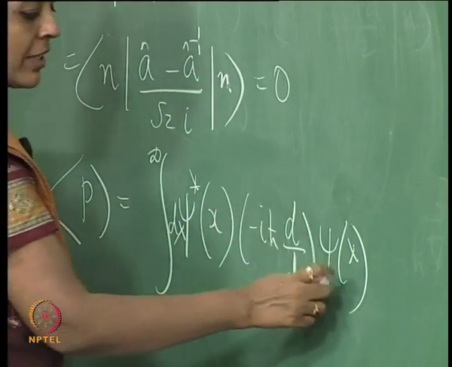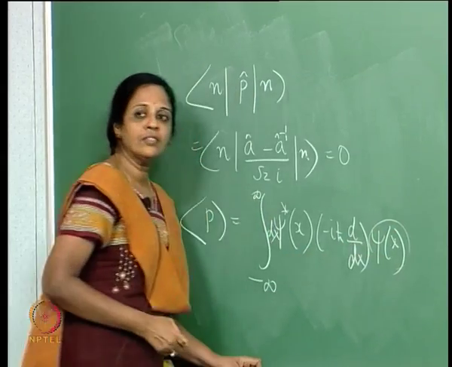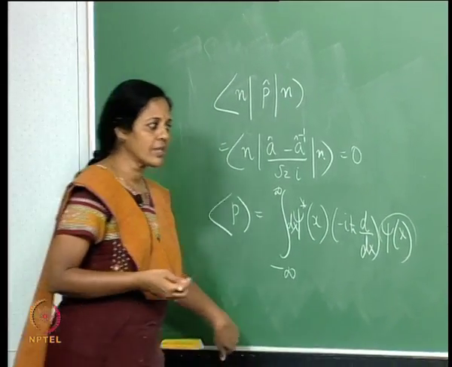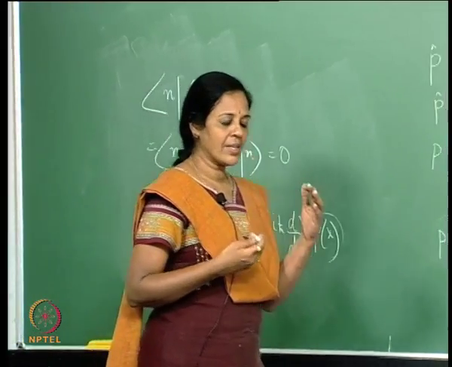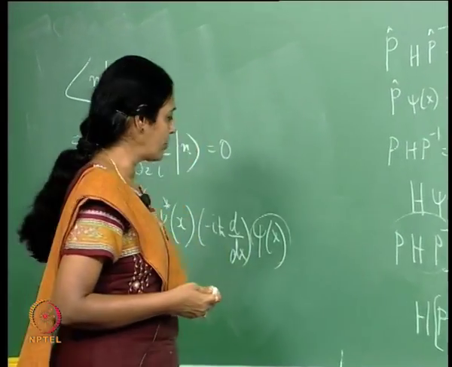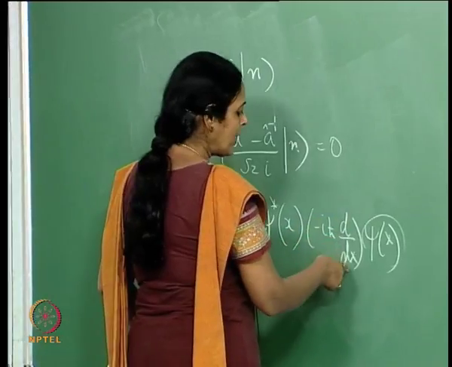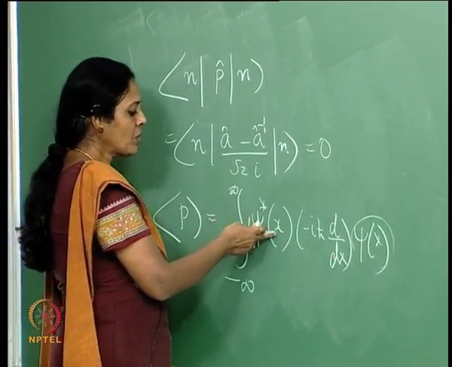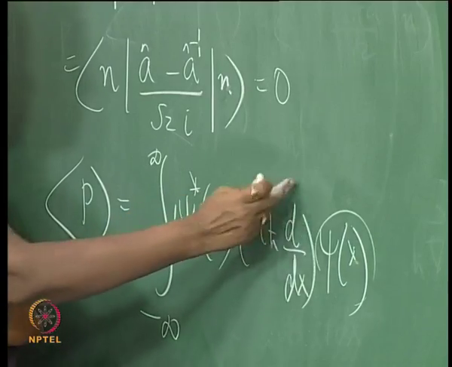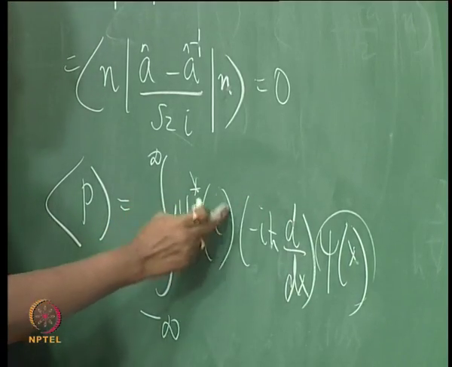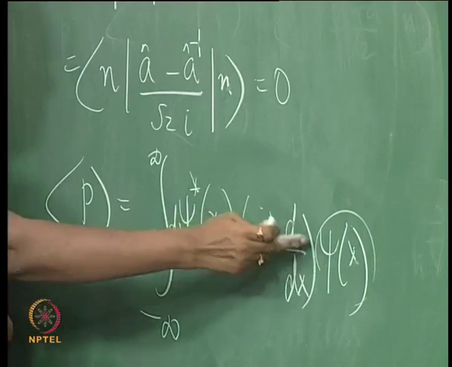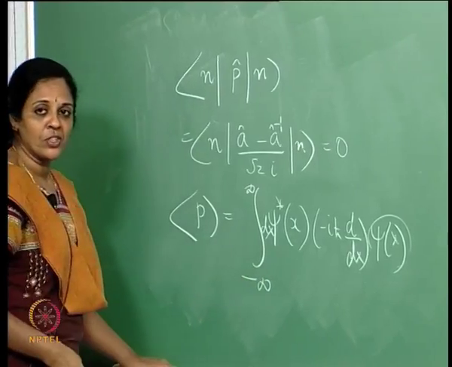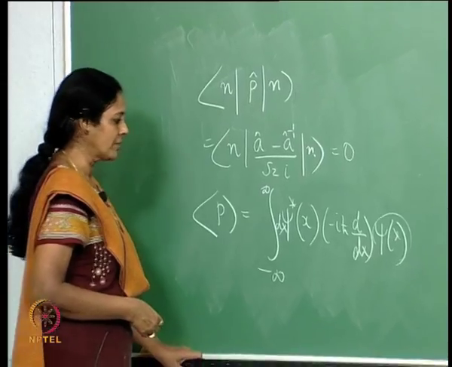The fact is, if psi of x is an even function of x, as is the case for the ground state, the second excited state, the fourth excited state of the oscillator and so on, d by dx psi of x is an odd function of x. This was an even function of x, and therefore this is an odd function of x, and that's an even function of x, and totally it vanishes between symmetric limits minus infinity to infinity.